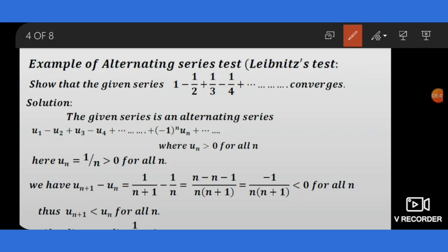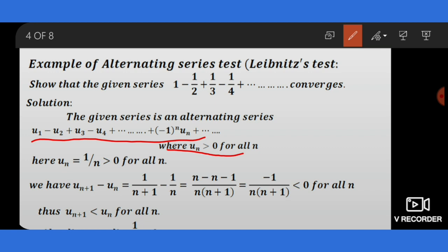In the case of an alternating series where un is greater than 0 for all n, if the terms continually decrease, we still cannot say that the series is convergent.